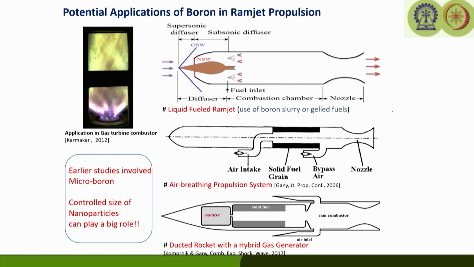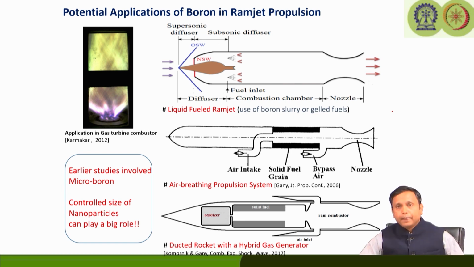by adding energetic boron, such as in slurry form, which is going to combine the advantage of liquid fuel, because the issue is how we can supply the fuel into the combustion chamber. So, if we use the slurry fuel just by pumping as if it were a liquid fuel, then we can directly burn it in the combustion chamber.